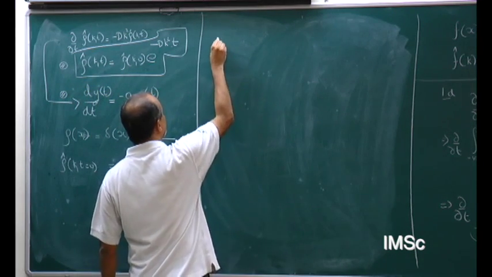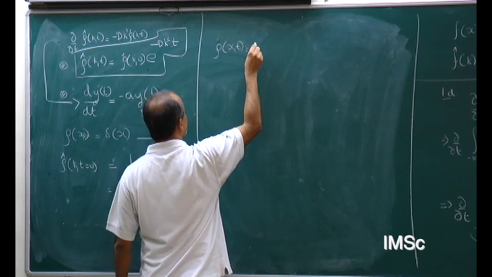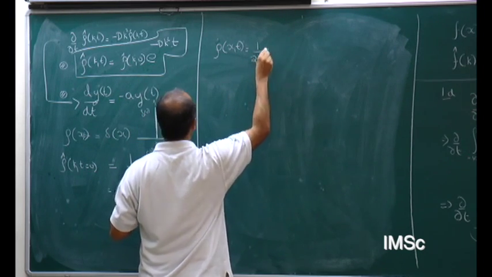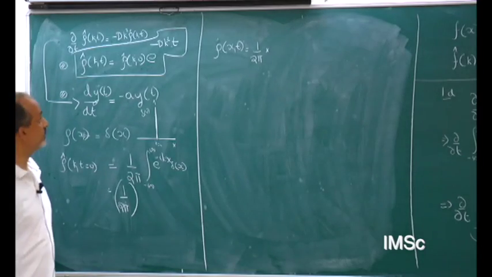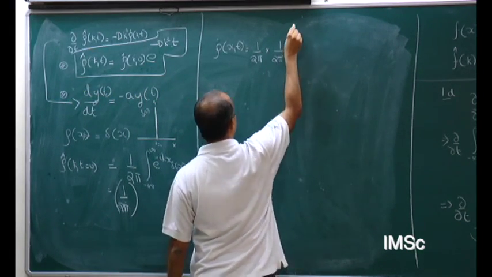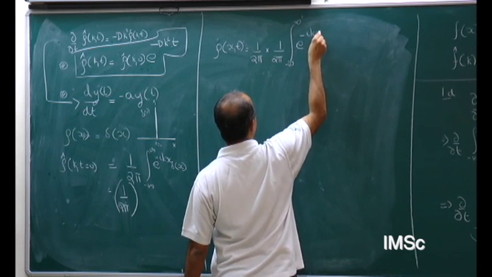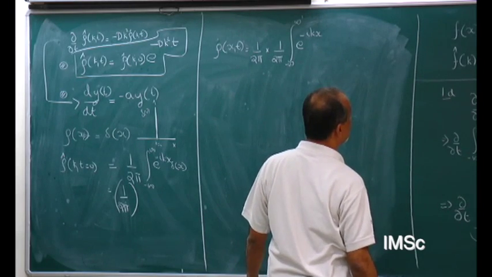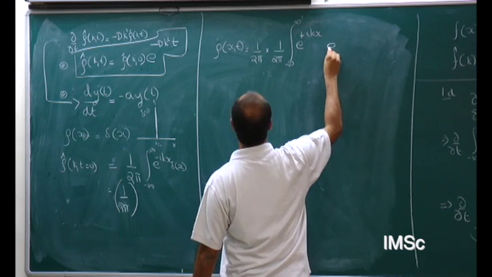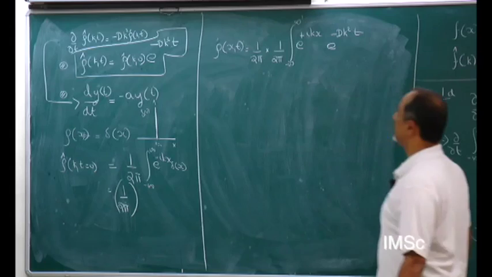So rho of x at some time t is this first part, rho hat of k comma 0, which is 1 over 2 pi, times the inverse Fourier transform of the subject, e to the power minus d k squared t, which is the further factor of 1 over 2 pi, and integral from minus infinity to infinity e to the power plus ikx times e to the power minus d k squared times t, and nothing else. Is that okay?